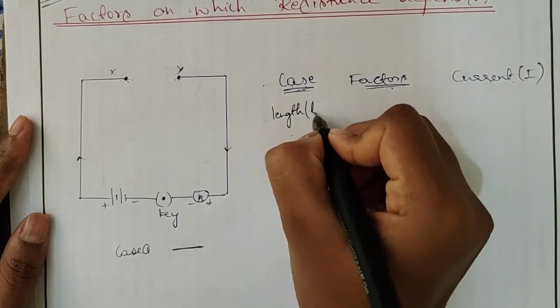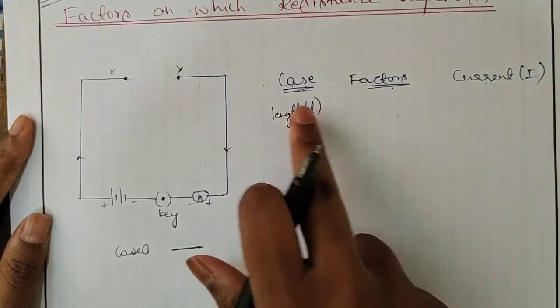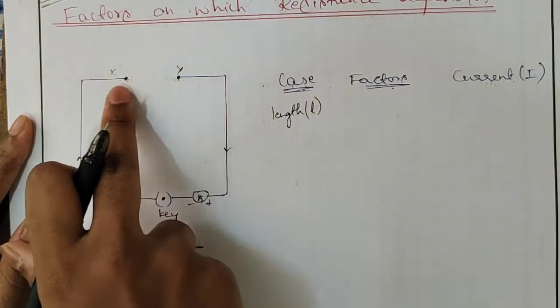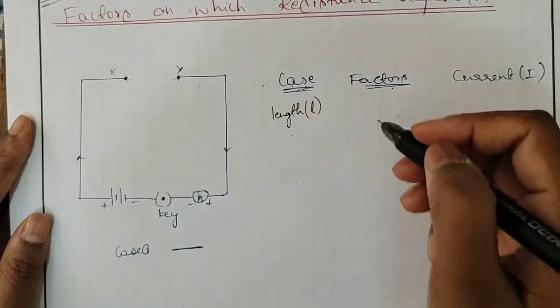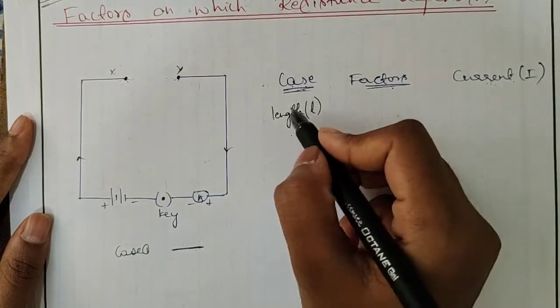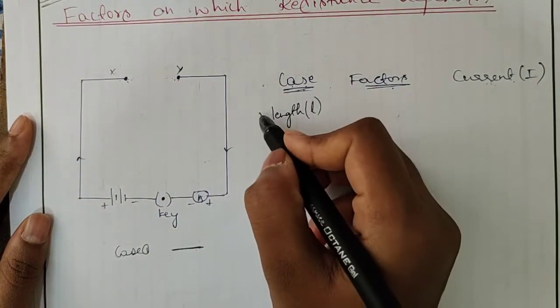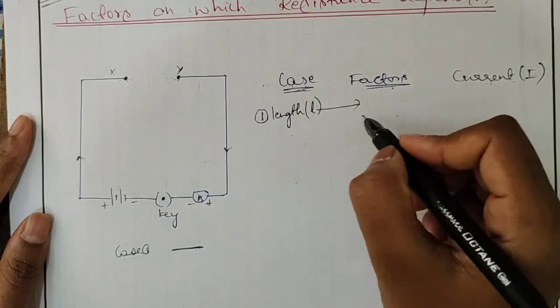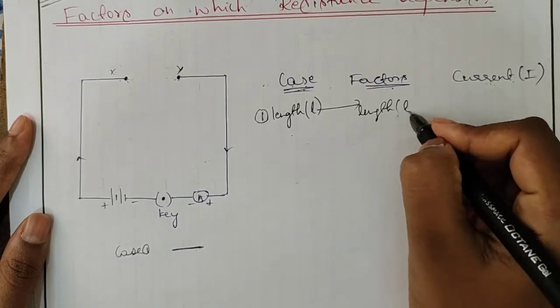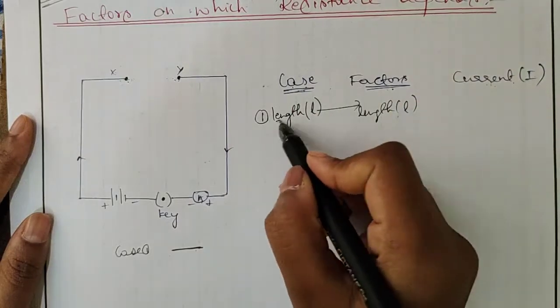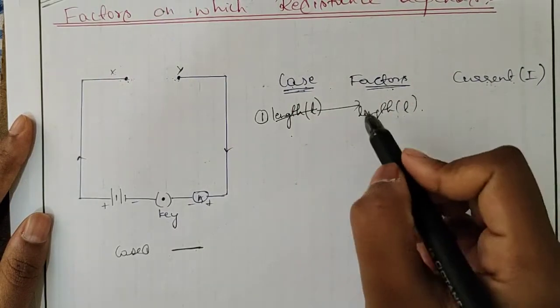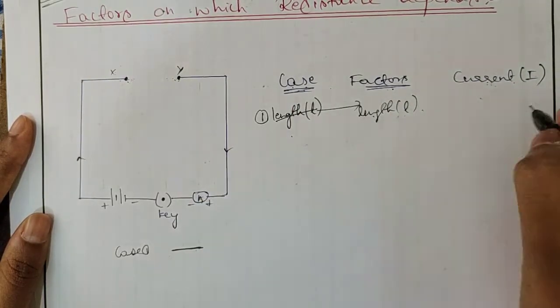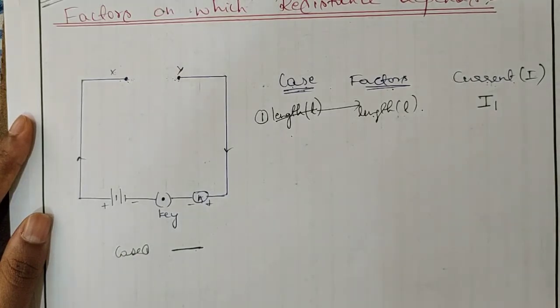Length is denoted by L. I'm taking that alloy and connecting it between X and Y. So this is case number 1, and this factor should come here, that means length L. So it is nothing but just a serial number, okay? So length L. Now I got one particular value, let it be I1.